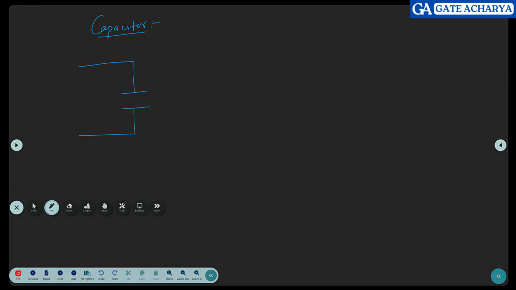How do you build a capacitor? What is a capacitor? Very good. Two conducting plates separated by a dielectric.